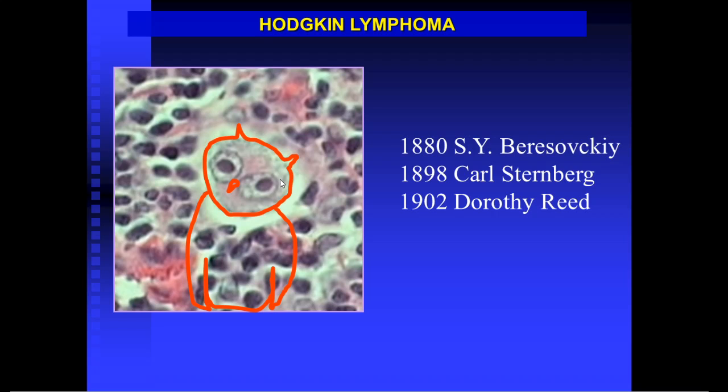If you turn on your imagination, it really looks like an owl. So again, a big amount of cytoplasm, two big nuclei with one big nucleolus each. This is the classical description of the Berezovsky-Reed-Sternberg cell.